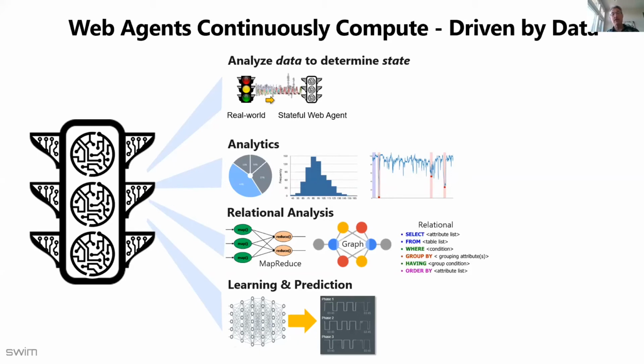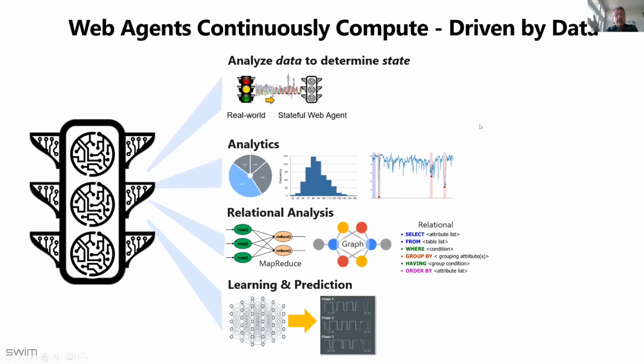David mentioned a bunch of really cool things like sketches and distributions. They can perform interesting MapReduce style queries. They build graphs. You can do relational queries. And indeed, you can even do dynamic queries on them. And they can learn and predict. I'm going to cover that in a little bit more detail as well.